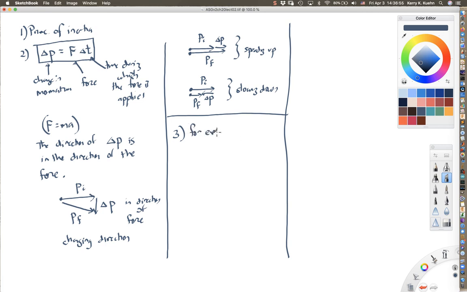For every force, there is an equal and opposite force. Or as Newton says it, for every action, there's an equal and opposite reaction. He uses the term action and force interchangeably. Okay, now, what is meant by this?